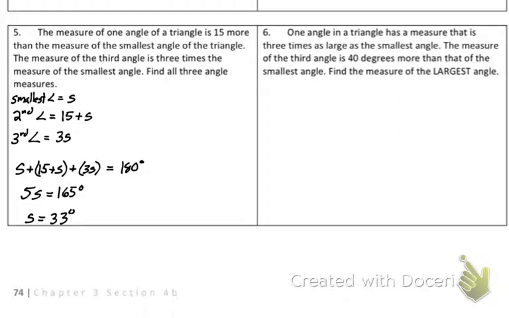So that means my smallest angle equals 33 degrees. S plus 15 is going to be 48 degrees. And finally, 3 times S is going to be 99.